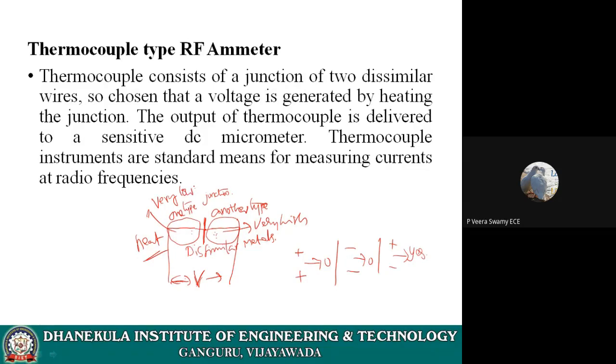So finally the conclusion here is the heat transfer from the high temperature metal to the low temperature metal. That means, of course, it may deviate the electrons of current also.